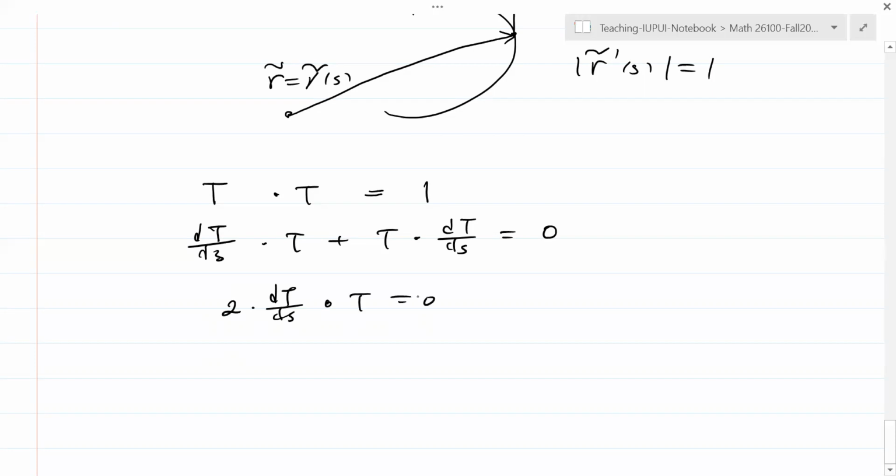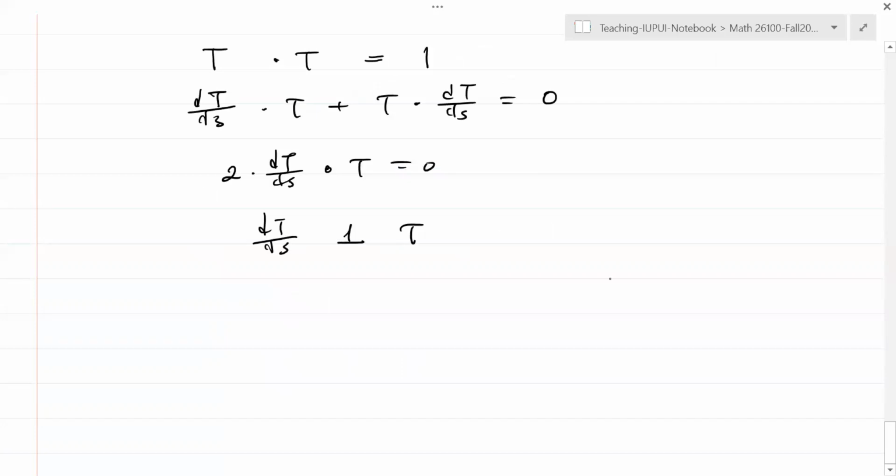So what does that mean? If your parametrization is with respect to arc length, dT/ds is perpendicular to T. If I draw the picture, I get T here and another vector in that direction, very short in this case. This is dT/ds, and it's guaranteed to be perpendicular.